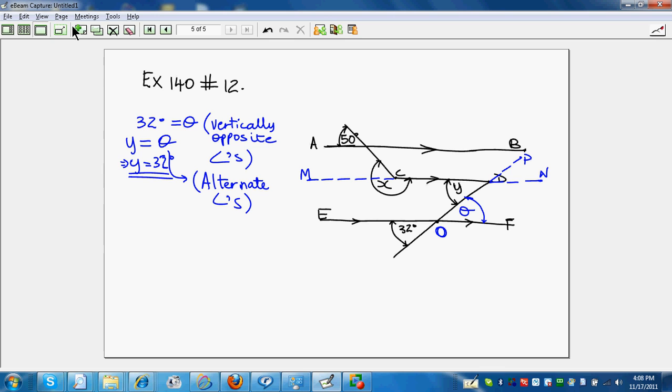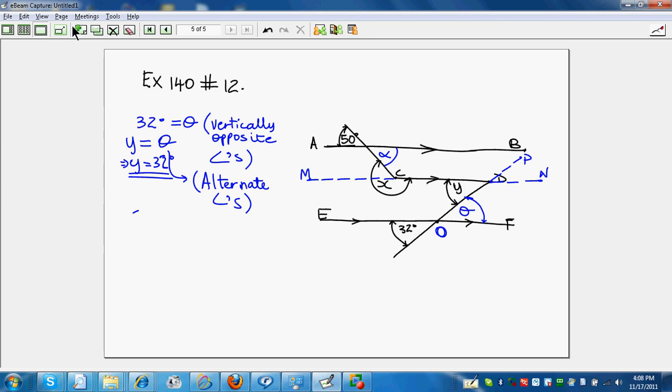Okay, what's the next thing that we have to find? We have to work out what angle x is. So let's see, is there anything that we could do to help us solve that? If we were to examine this angle here, let's call that angle alpha. Then we could say that 50 is equal to angle alpha because they are vertically opposite angles.